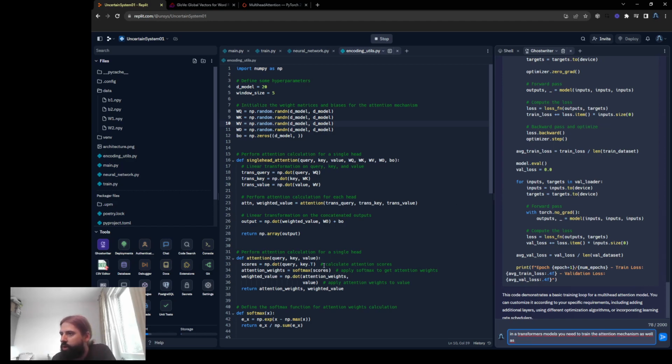Yes, because what it's doing is a dot product of the query and the key. That is the thing, right? So I'm not so sure if you need that. Does the attention mechanism need to be trained?